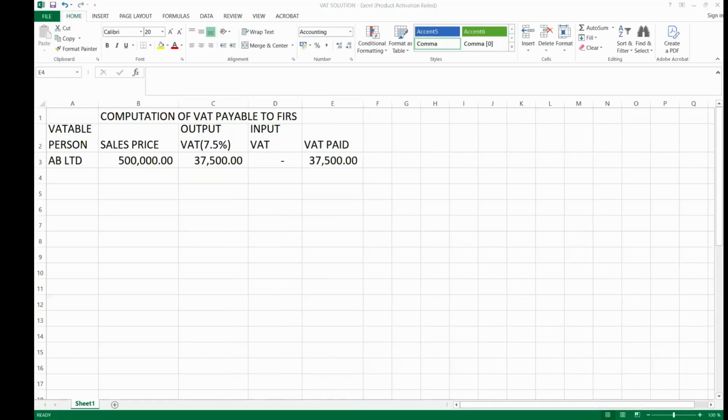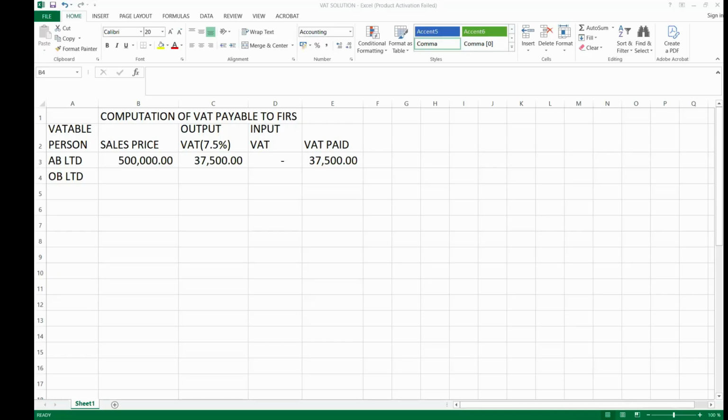This same item that AB sold is now being sold by OB Limited, who bought it, to another person, SY Limited, for 700,000. A participant asked whether AB Limited is the one remitting the VAT payable to FIRS, since the input VAT is 0.